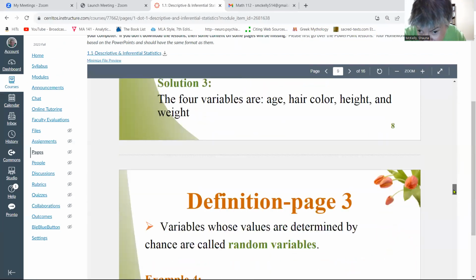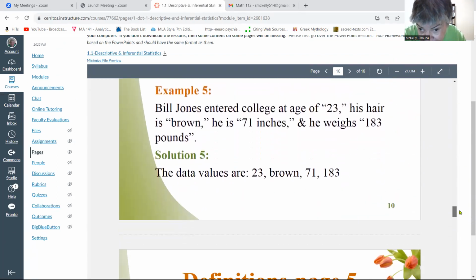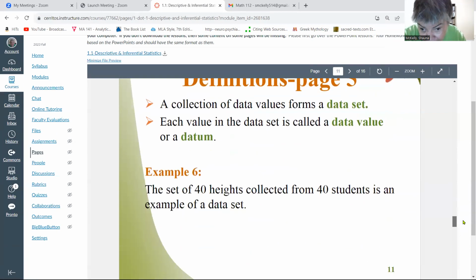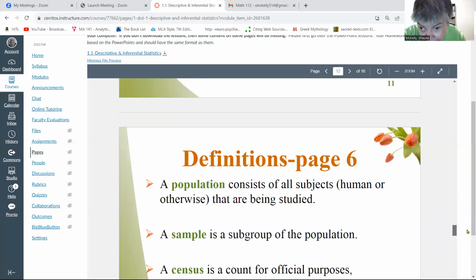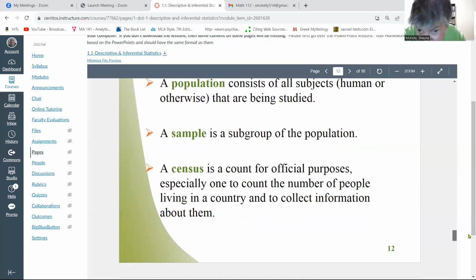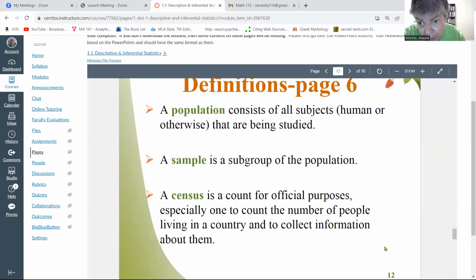So the census deals with what we call the difference between a population and a sample. A census is different. So let me show you that. So here on page 6 of the definitions, which is slide 12, it gives you the definition of all three.